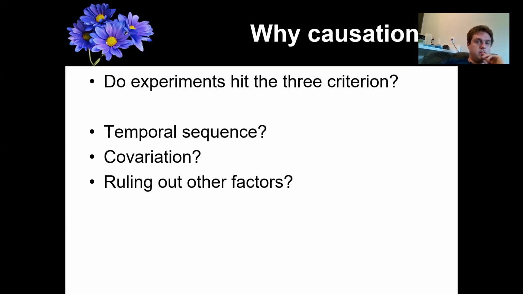So do experiments, where you have an independent variable that you manipulate, hit these criteria? Well, yes, they hit temporal sequencing, right? You know that whatever you change came before any change in the dependent variable.